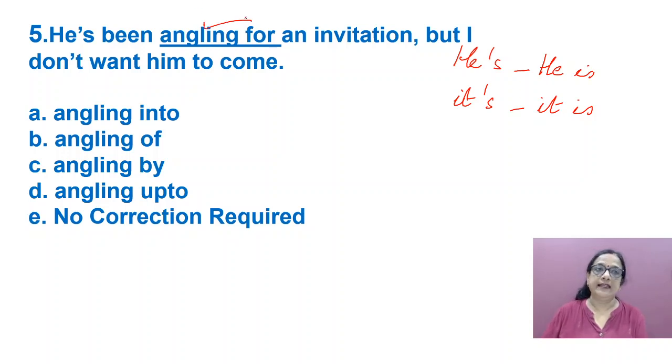Angling for, he is been angling for an invitation, but I don't want him to come. Angling for means when you hint or give a suggestion that you would like to get an invitation. So the sentence is correct, and the option will be no correction required. Learners, I would tell you to be very careful when you are answering the questions, and choose the correct option and give the answer.